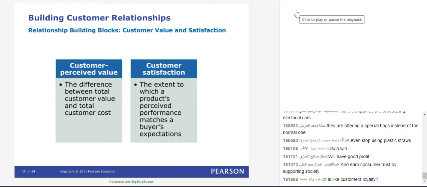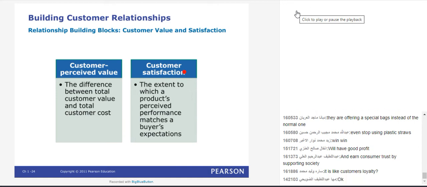Okay, when customers are expecting and companies are not delivering, customers are dissatisfied. This is the balance we talked about earlier in this chapter. They are comparing the perceived performance with the expectation.